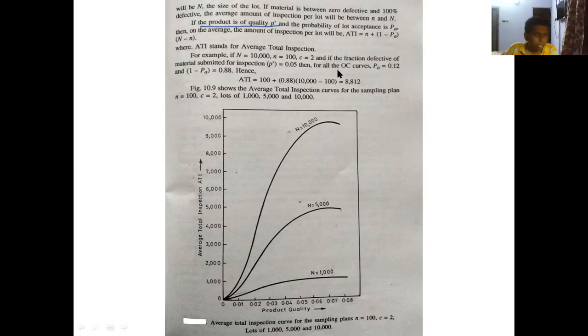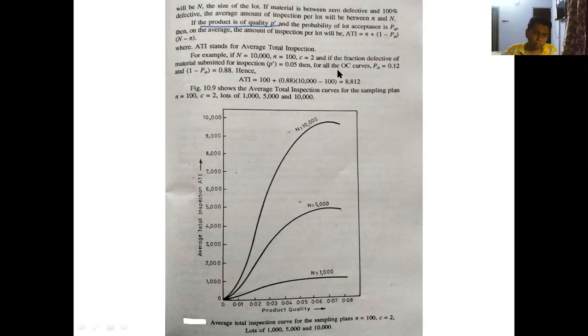Actually, here I need to tell one thing: how to determine the small n and small c, that means the sample size and cutoff. There is a procedure to determine these things.